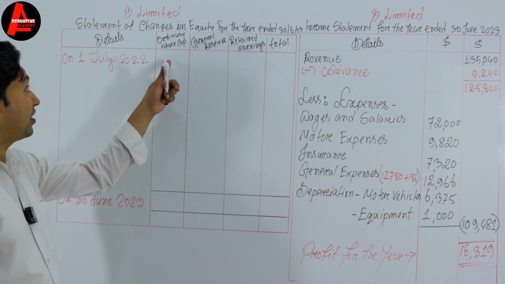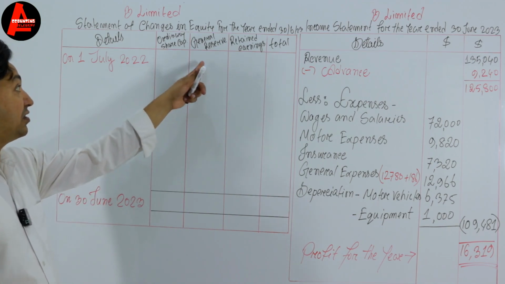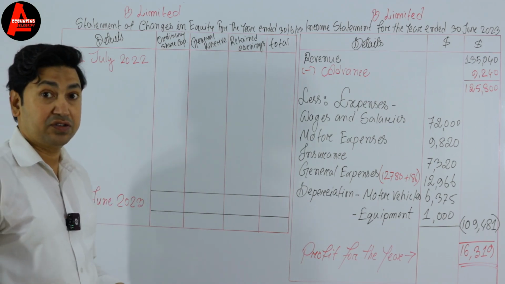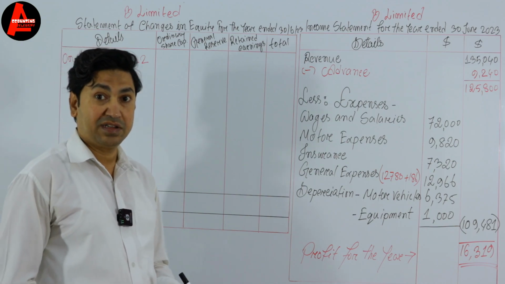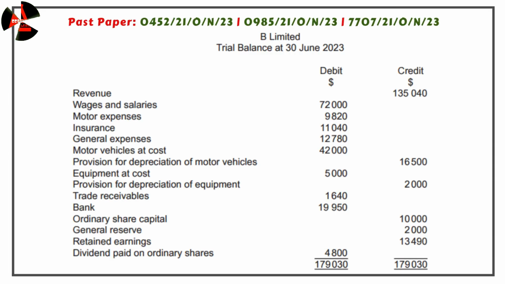Ordinary share capital, general reserve and retained earnings are on the list of balances. Ordinary share capital is $10,000, general reserve is $2,000, and retained earnings is $13,490.